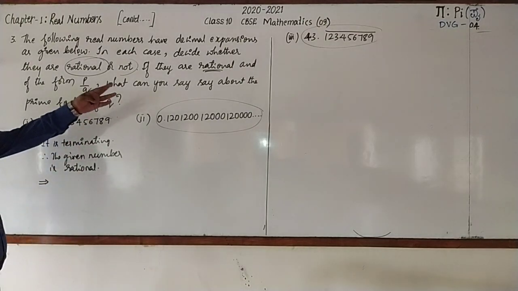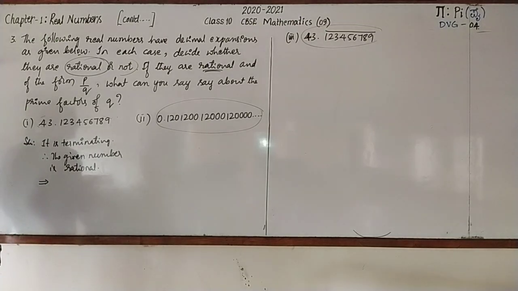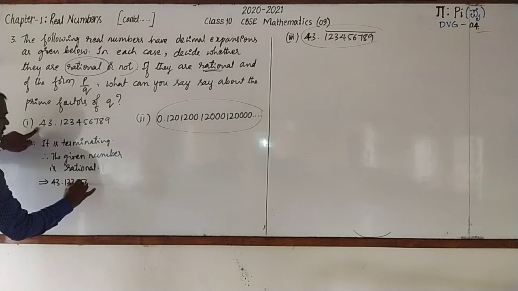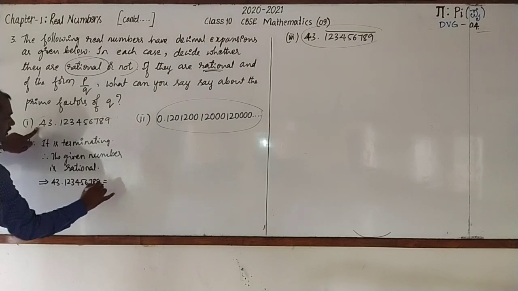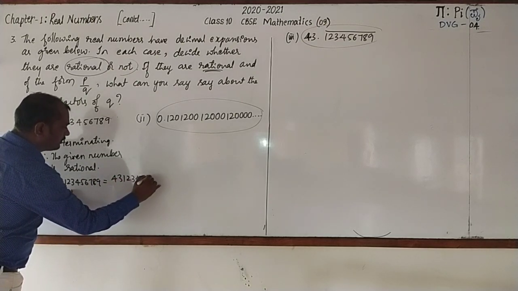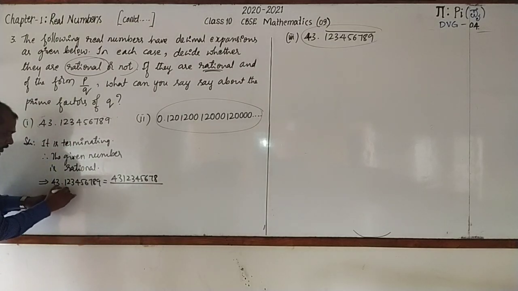Second, if they are rational and of the form p by q, let's go for expressing that in p by q. Look here. 43.123456789 can be written as 43123456789 divided by, see how many digits are there? 1, 2, 3, 4, 5, 6, 7, 8, 9.